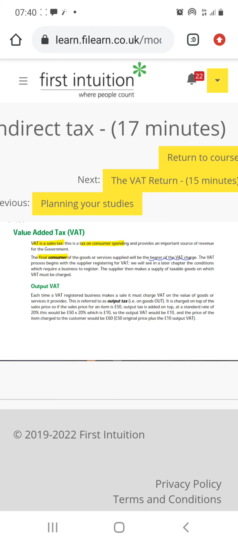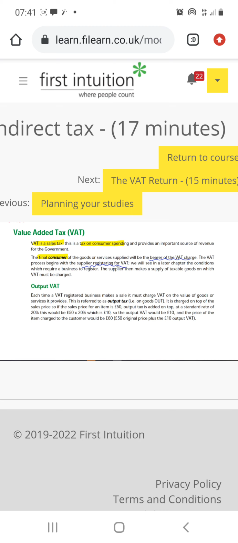Now, this VAT process is actually quite a long process, and we'll see an illustration of that later in this chapter. But the process starts where the supplier registers for VAT and says, I would like to be a VAT registered supplier. That will involve some paperwork. They'll be given a VAT registration number, and we'll see again later some conditions that are needed in order to register for VAT.